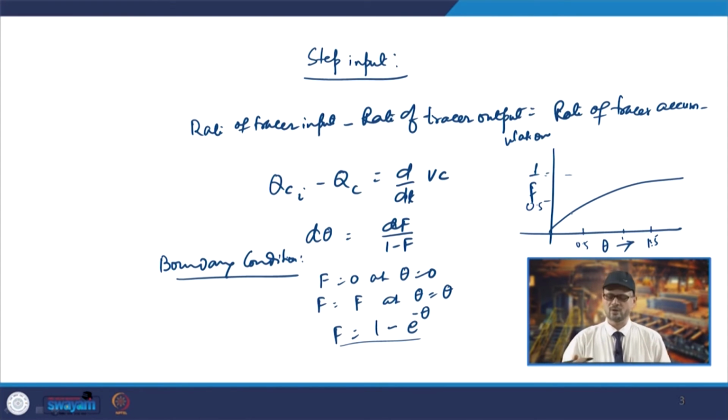So, this RTD curve will be given by this expression, it will be represented by this line. Now, what you see from this curve and the f curve which you have seen for the plug flow: in the case of plug flow, there is no increase in the tracer concentration till this point, and then directly you have this horizontal value coming.